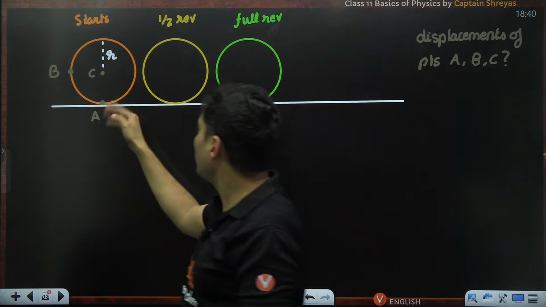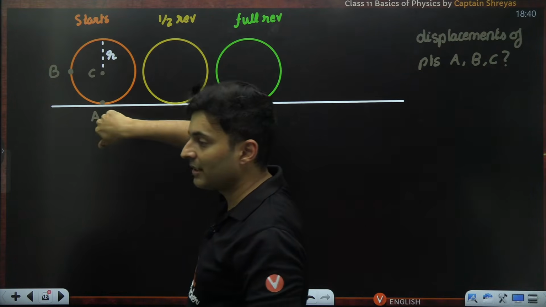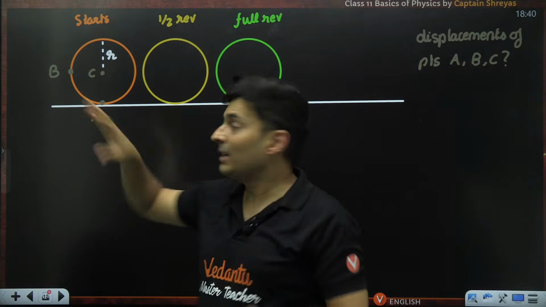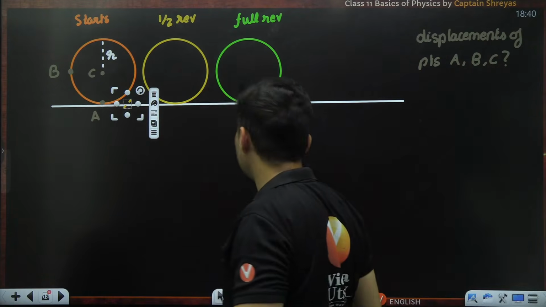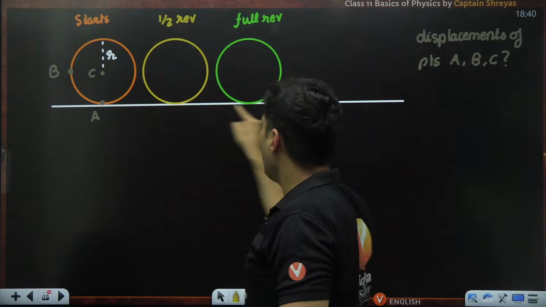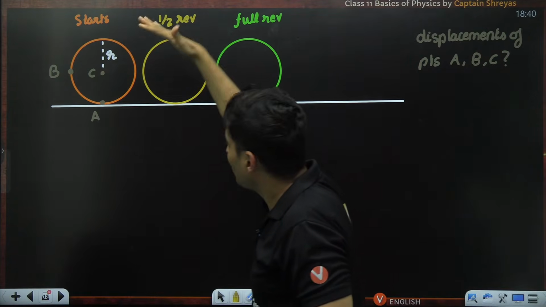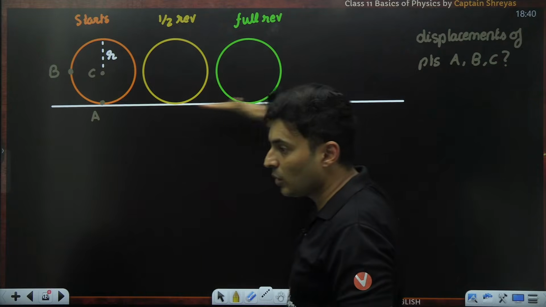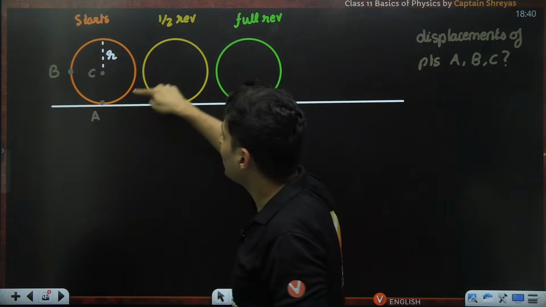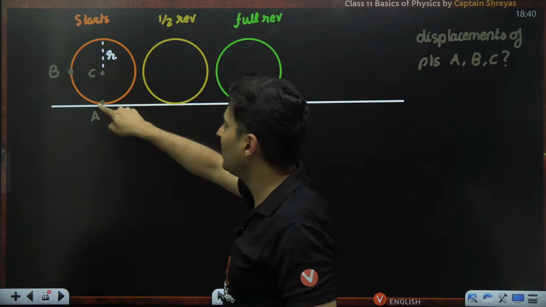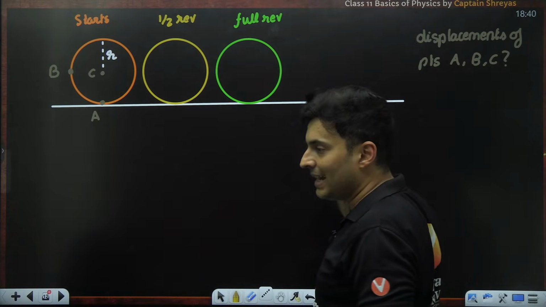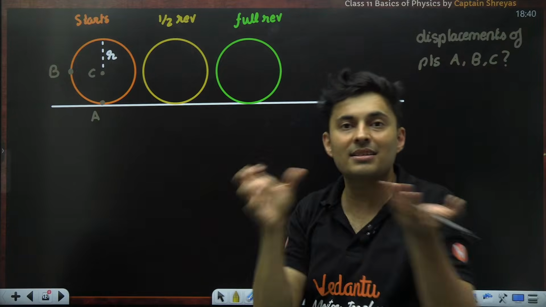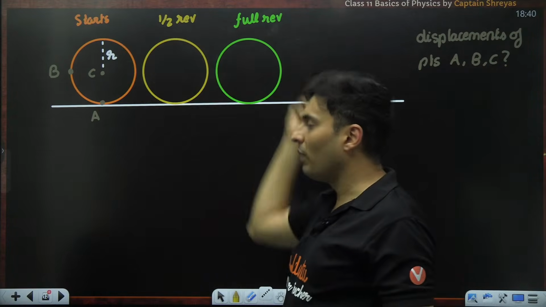Just think as if somebody had painted the wheel from the outside. So if you roll it, that paint which is there on the outer surface will exactly come and print itself on this ground, on this table, on this horizontal surface. So this entire circumference will get printed on this white line, which will be exactly the circumference after exactly one revolution.